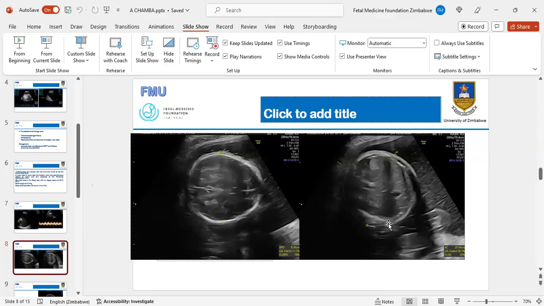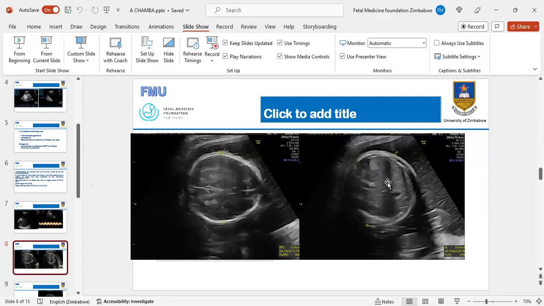On the abdomen, the stomach bubble is not visualized clearly.